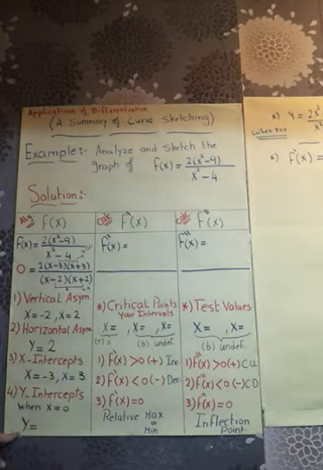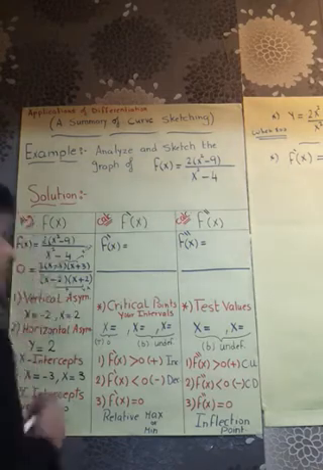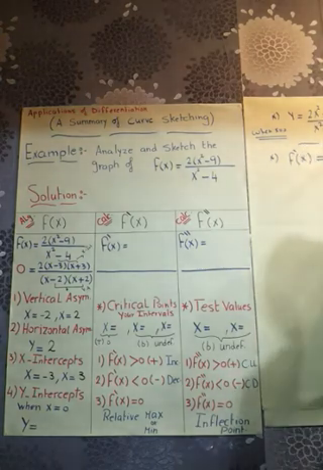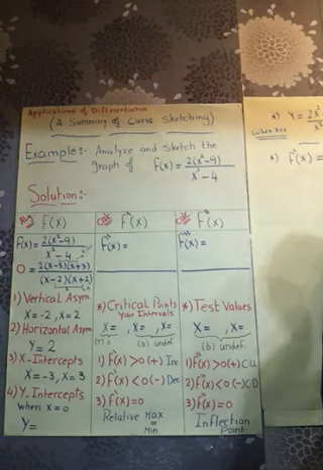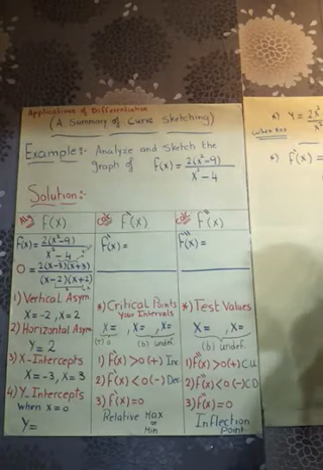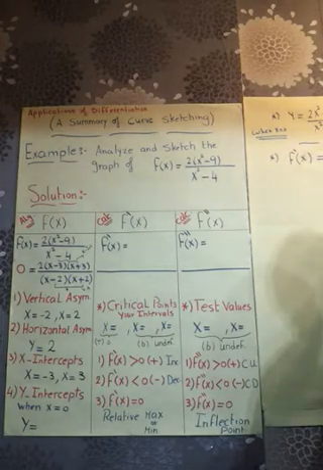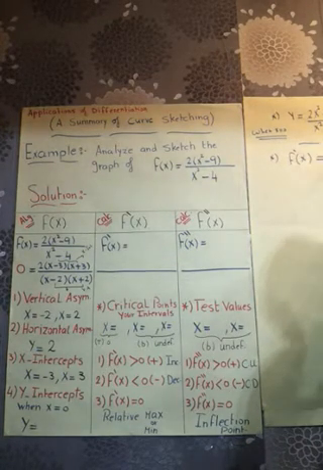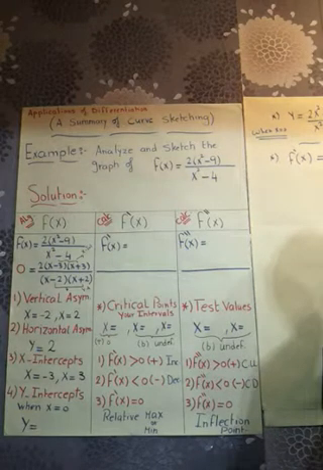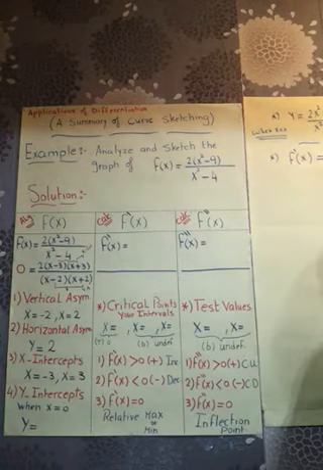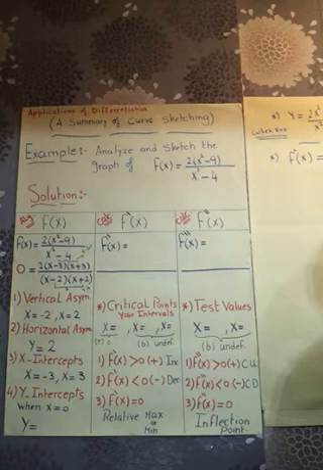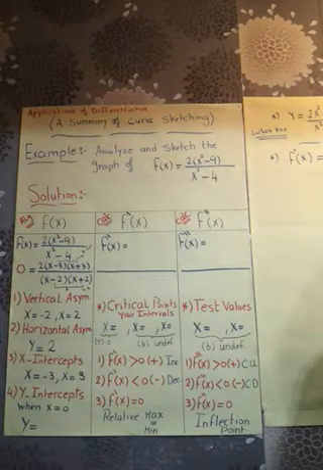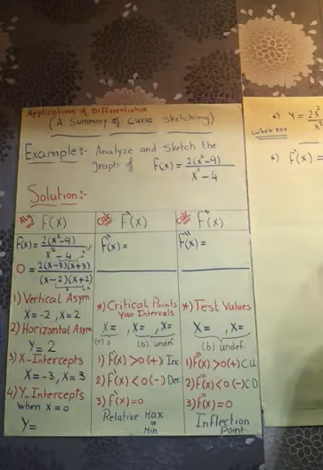We get y = (2(0)^2 - 18) / (0 - 4), which is -18 divided by -4, equal to 18/4, which is 9/2, which equals 4.5.